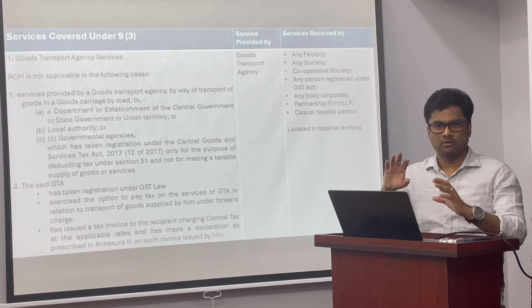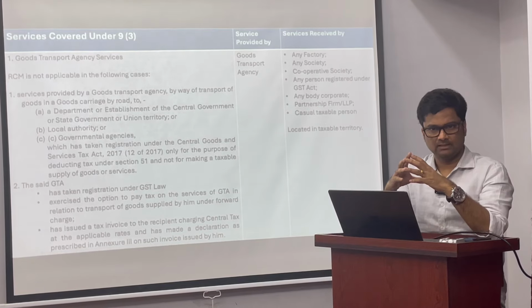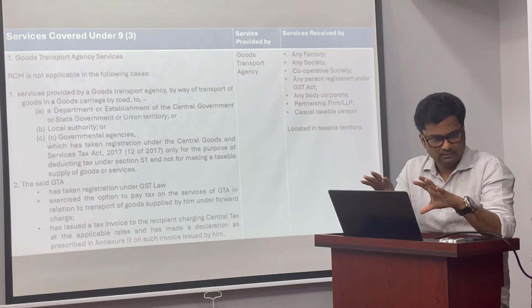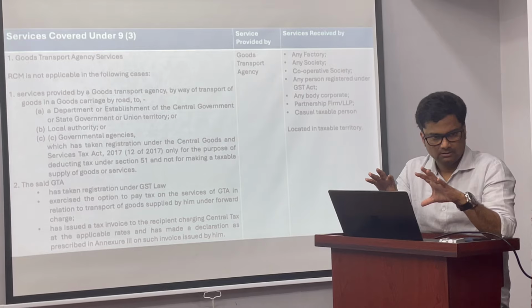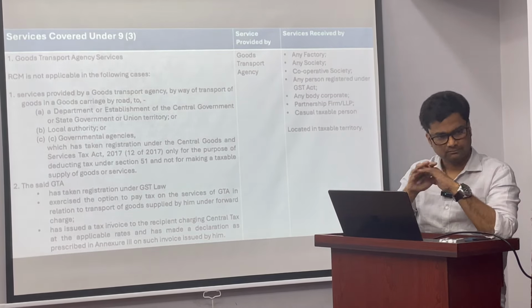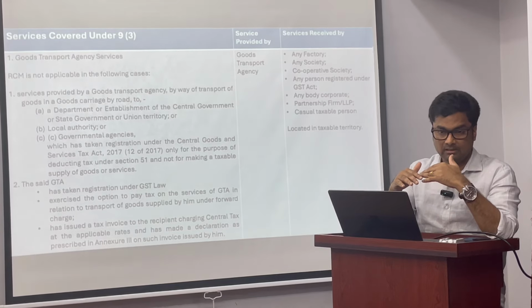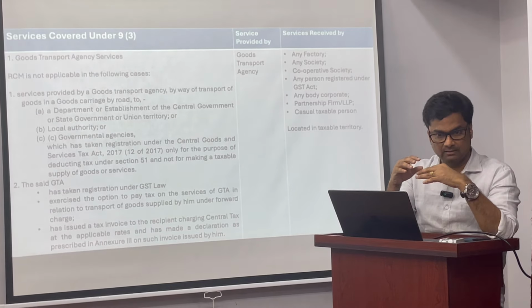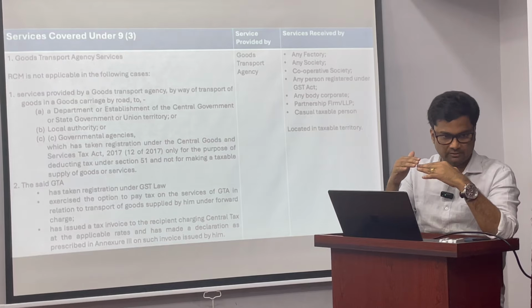Now Canteen Stores Department is a registered dealer, but under section 51. Now from here I will add the story, it's not fact.